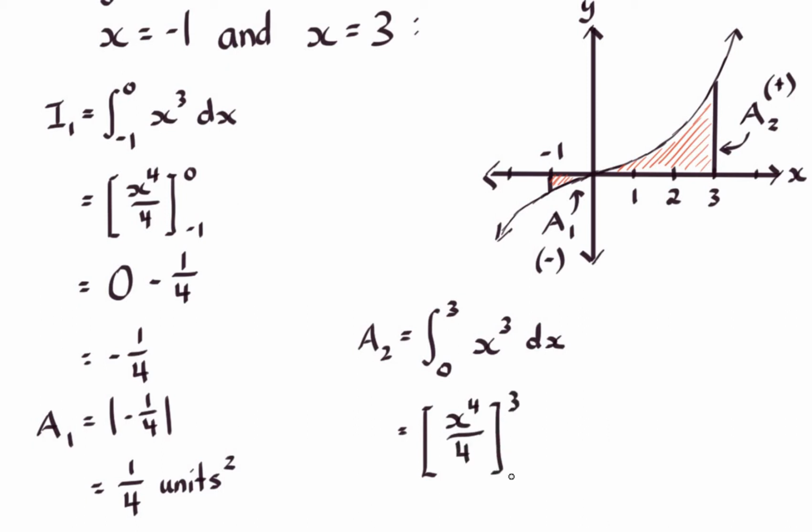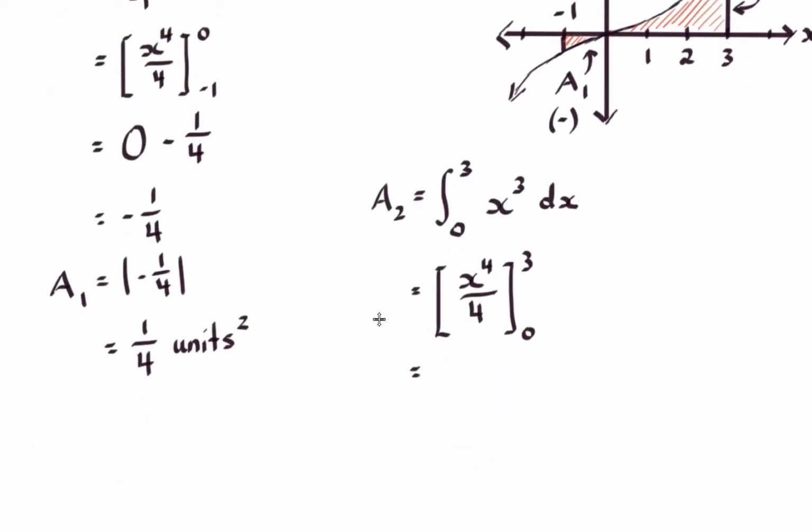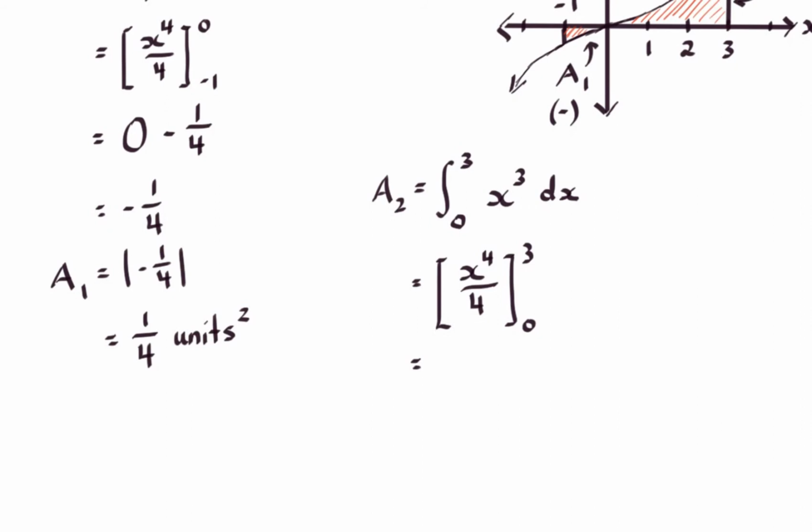And this time, when we sub in 3, we'll get a value, and when we sub in 0, that's just going to be 0. So we have 3 to the power of 4 on 4 minus 0. Tidying up, 3 to the power of 4, you could think of that as 9 squared, and that's 81. So we have 81 on 4 square units.